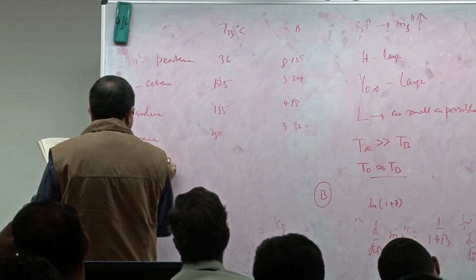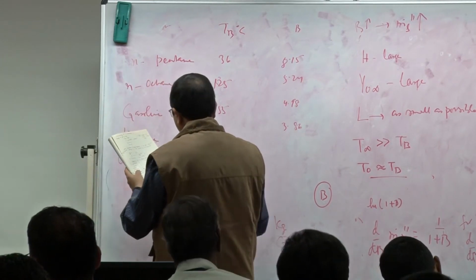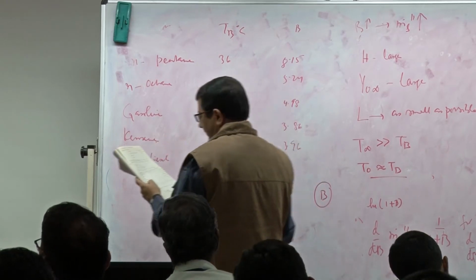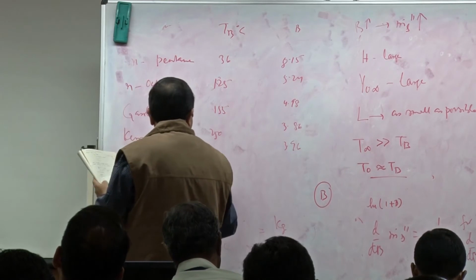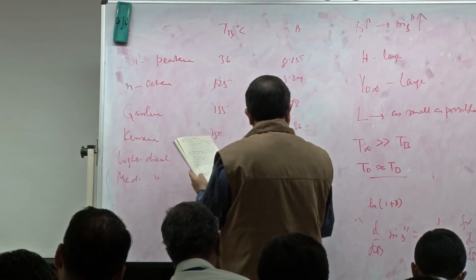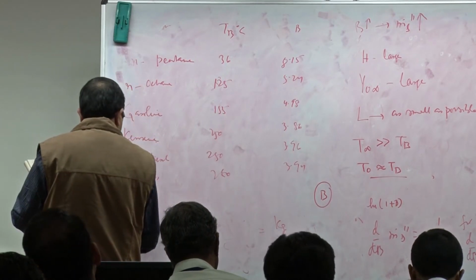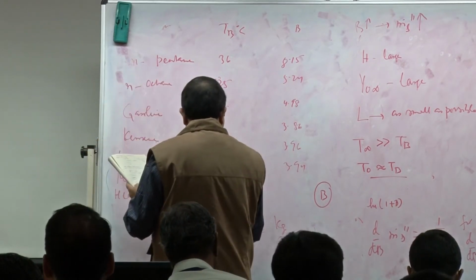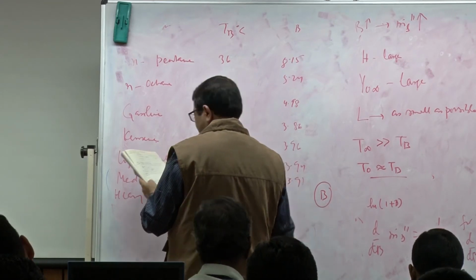Light diesel again 250, same boiling point, 3.96. Medium diesel 260, this is 3.94. Heavy diesel 270, 3.91.